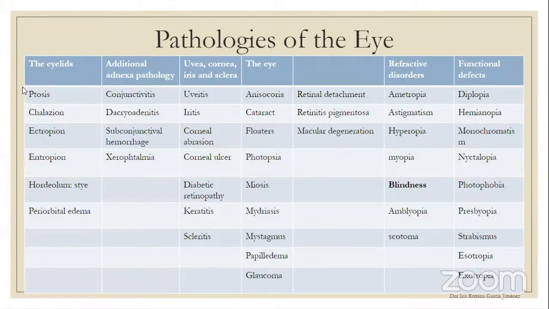Pathologies of the eye: of course, we consider the eyelids, adnexa and orbit pathologies, uvea, cornea, iris, and sclera, all of them. The eye as a whole, refractive disorders, the functional defects. Okay, check all of these, the reading is for you. It's your information.